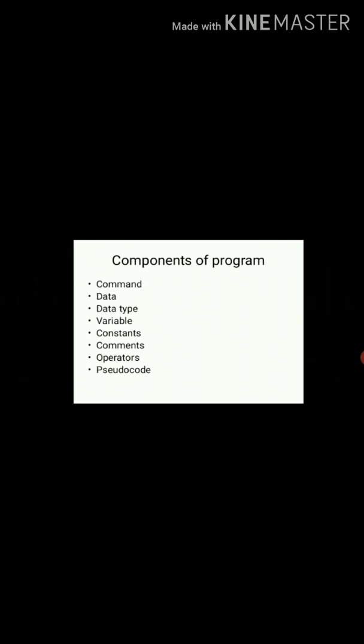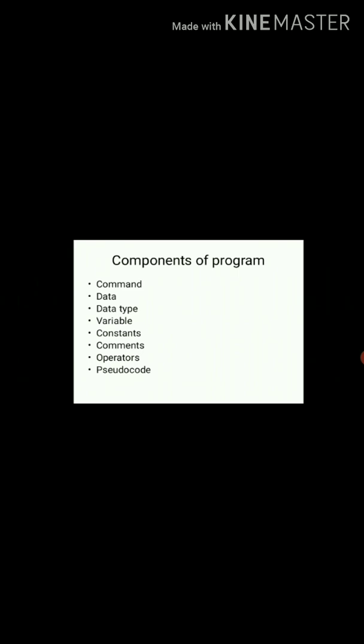Okay. Third is data type. Data type determines the type of data, which type of data we give to the computer. For example, integer, float, character and string. Integer means like 15, 20, any whole number.